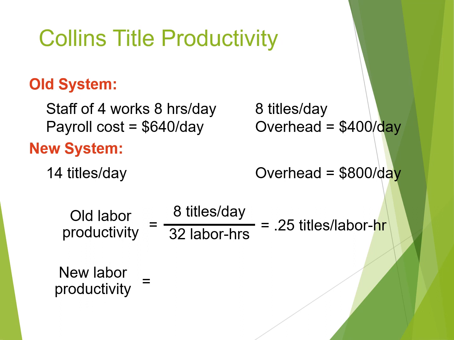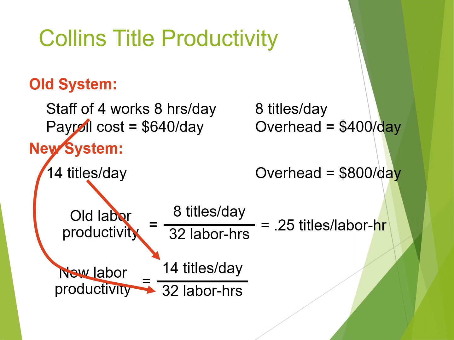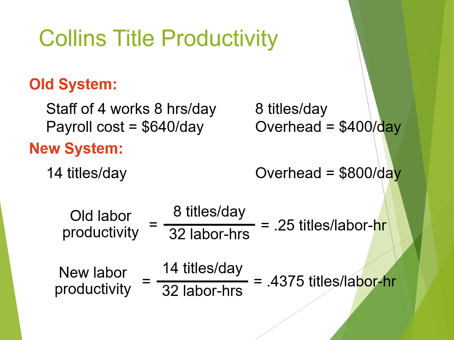So again here, Collins uses the basic formula to compute labor productivity and the multi-factor approach to compute multi-factor productivity. Looking at the first computation, the labor productivity with the old system is 8 titles per day divided by 32 labor hours, which computes to 0.25 title per labor hour.